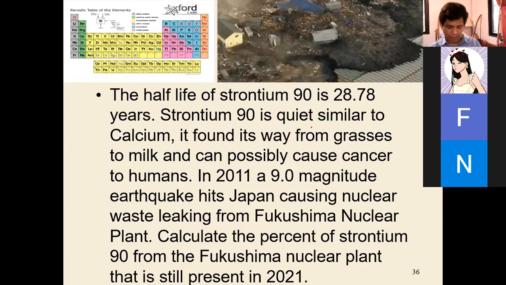Calculate nyo lang muna yung K. Okay, yan the K. 2011 to 2021. Ilang years yun? 10. Exactly 10. Question is how many percent? Ano? So, 100.